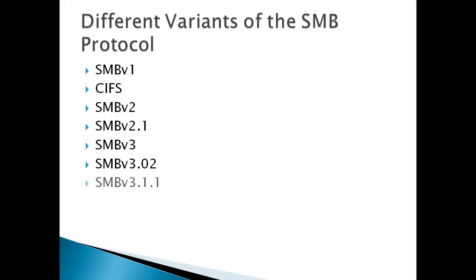The next one is SMB version 3.1.1, and it was developed in 2015 and came with the Windows 10 version. It added more security features to the protocol like AES 128 encryption.